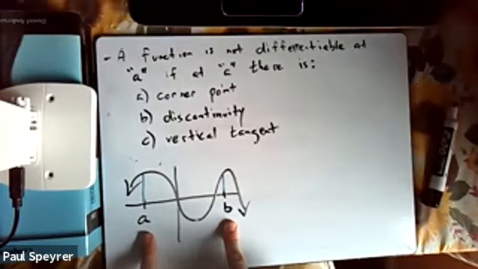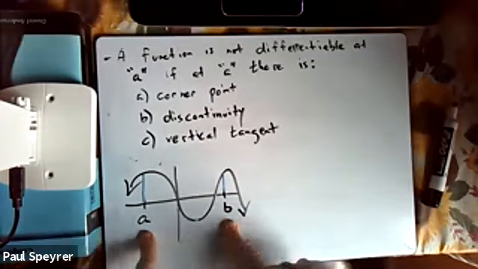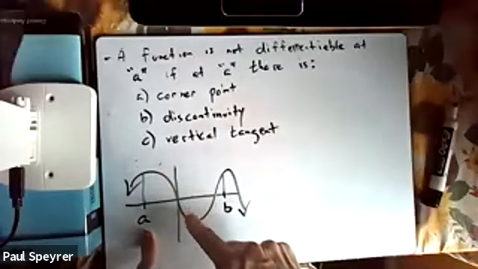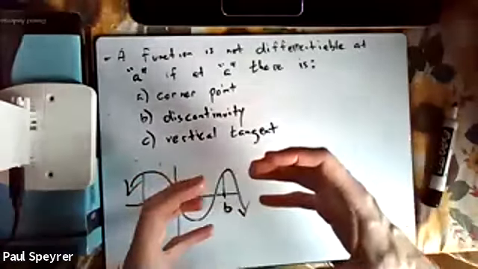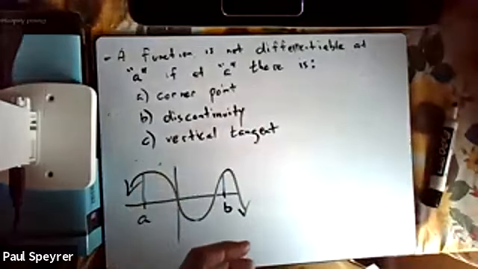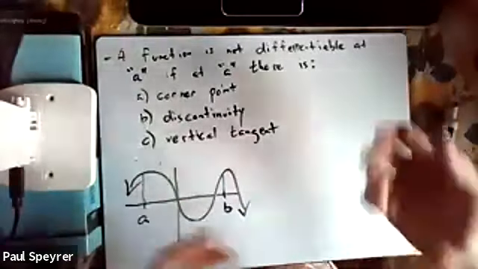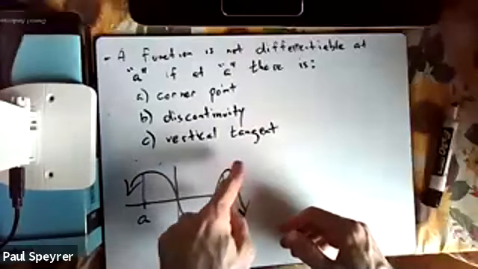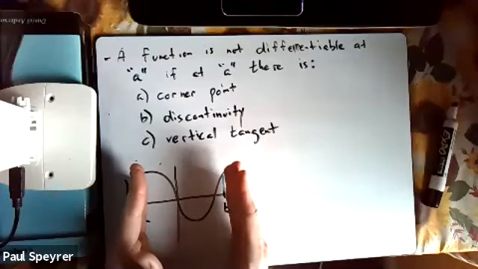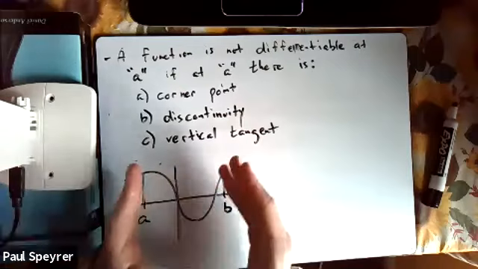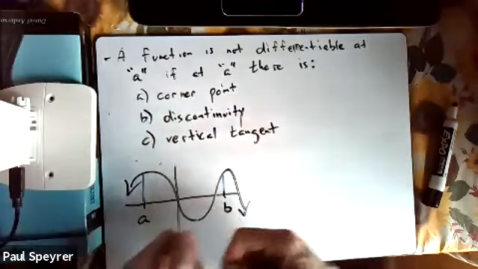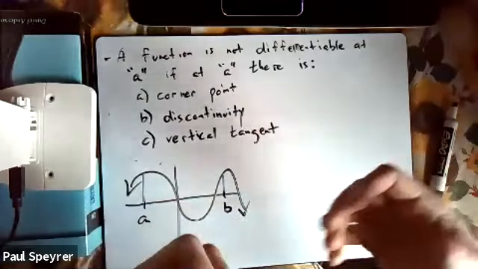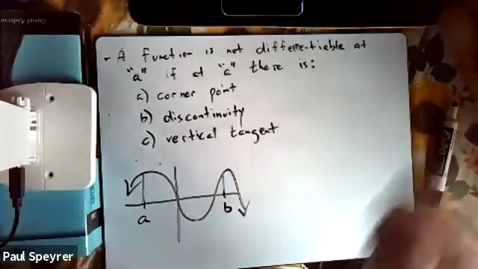So between A and B right here, looking at this curve, at every single point within A and B, we can take the derivative because the function is continuous amongst all these values between A and B. There are no corner points, meaning edges. There are no discontinuities. Remember, discontinuities mean we have open circles and solid circles and a mixture of all those.